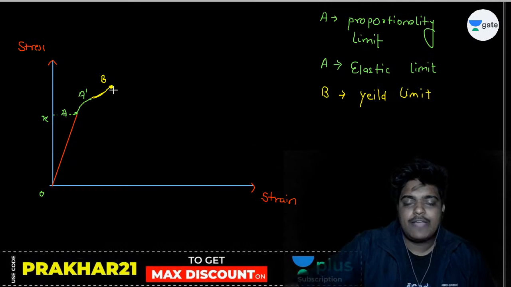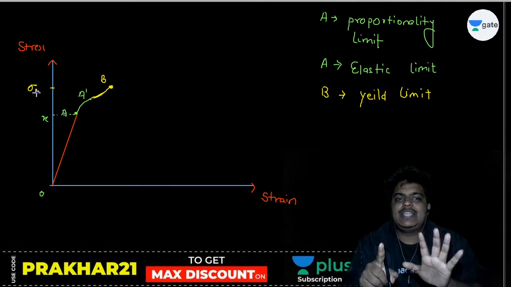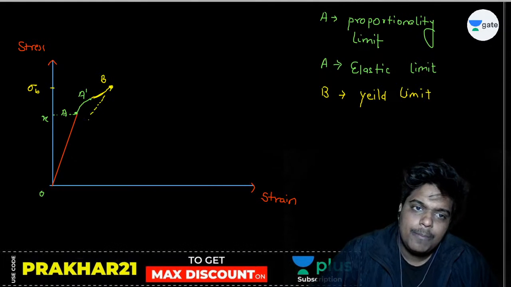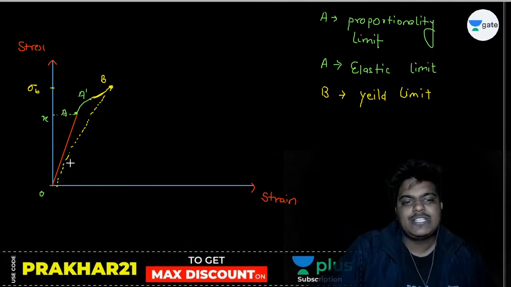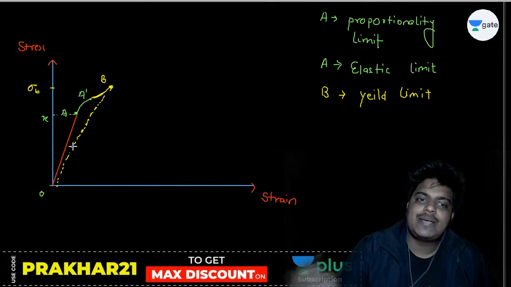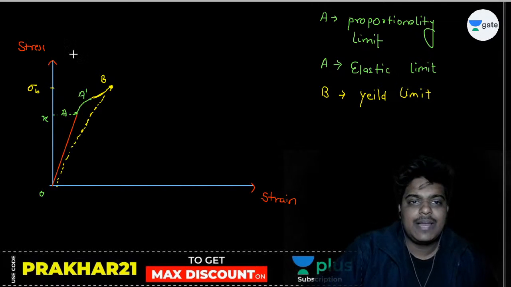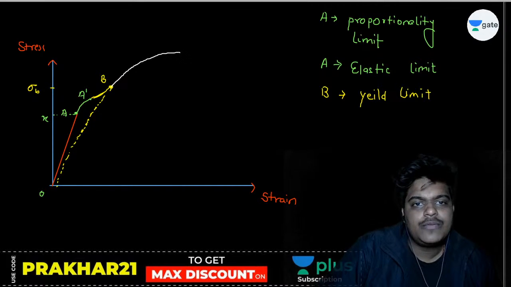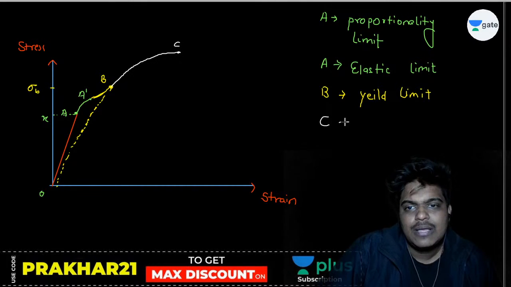At B, if you apply this stress sigma B and then leave it, it will come back to its original shape, but with some minute deformation. Beyond B, the elastic limit, sorry, the plastic range will start. It will go up to the point C. C is known as the ultimate tensile strength.